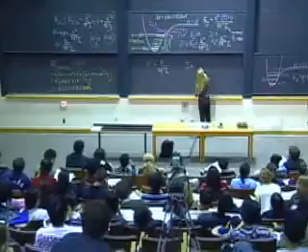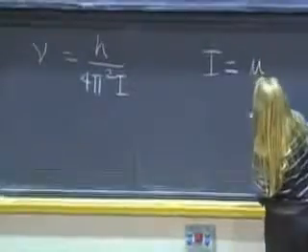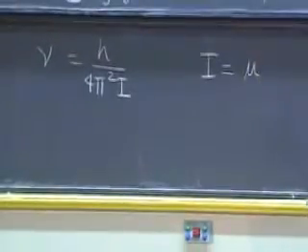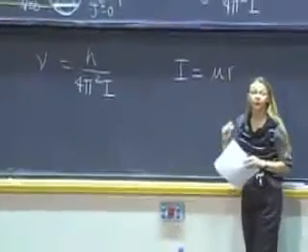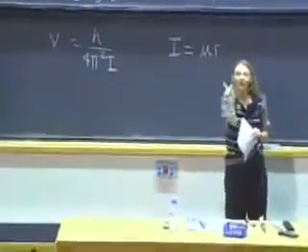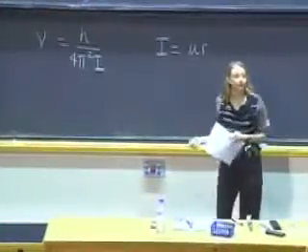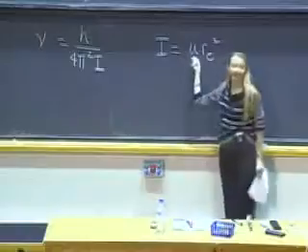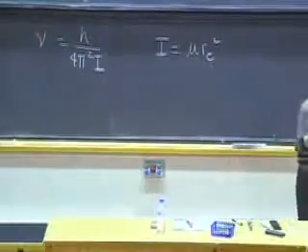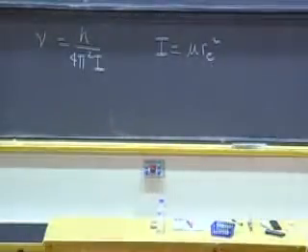The moment of inertia is the reduced mass times the distance between the two masses. In our case, for the HCl molecule, it's the equilibrium bond length, r sub e squared. The reduced mass is what I gave you before, m1 m2 over the sum of the two masses.